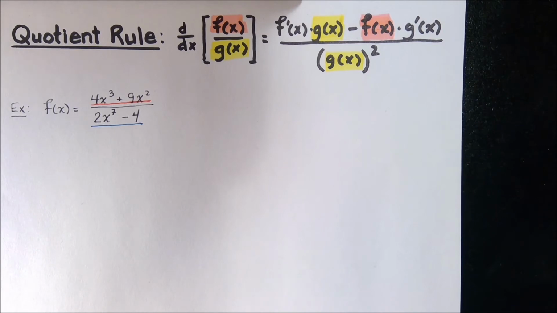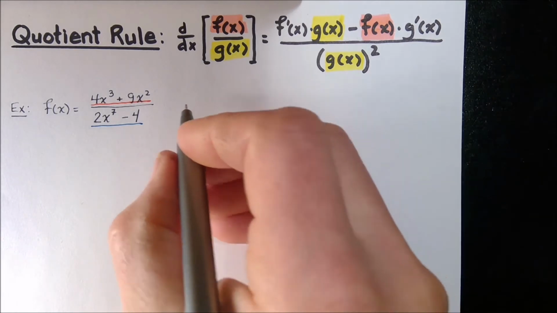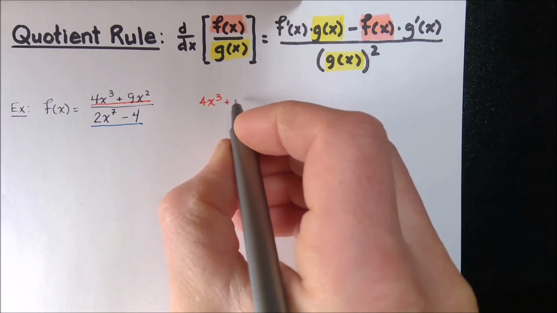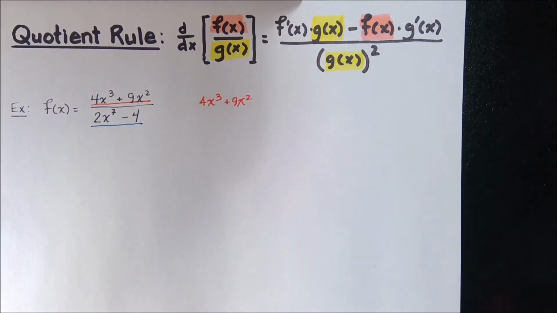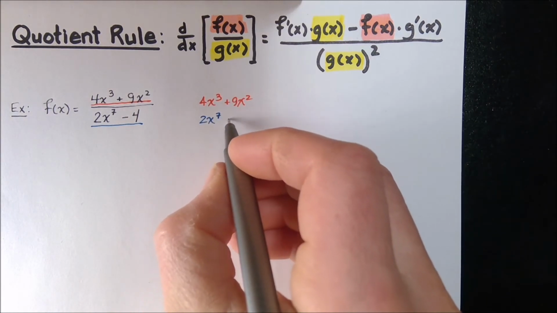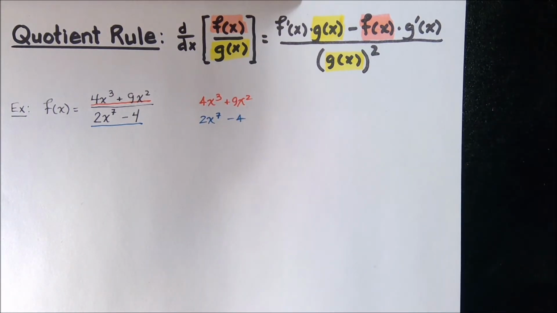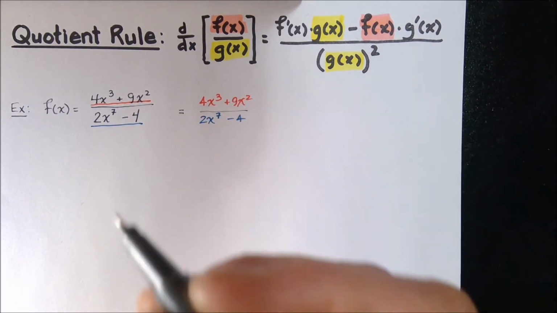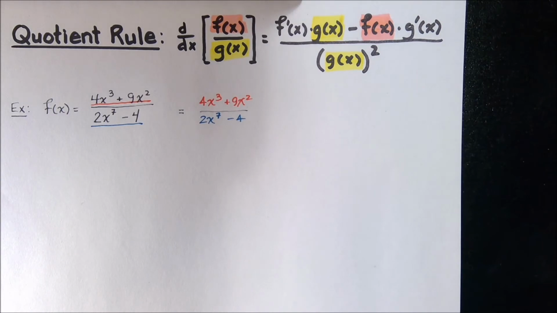In fact, I'm going to rewrite that now to make it a little neater and easier to see. So I'll say 4x cubed plus 9x squared. That's our numerator. The denominator is 2x to the 7th minus 4. So there's my f of x. I've just rewritten it that way so it's easier to see. Okay, and then track when I take the derivative.